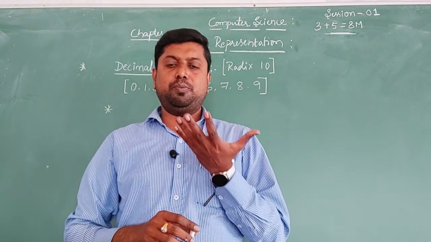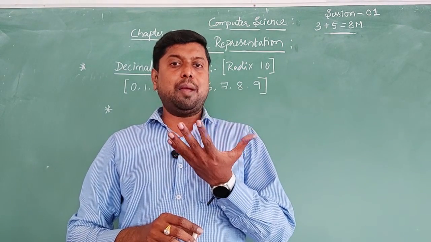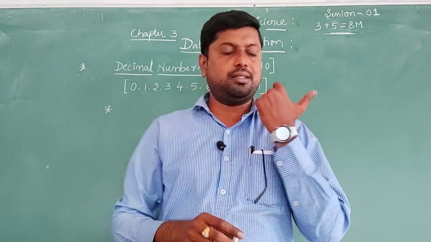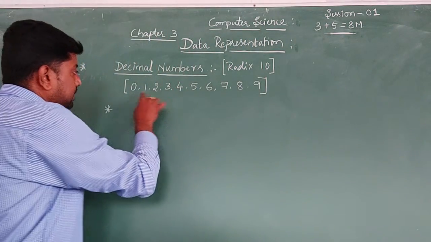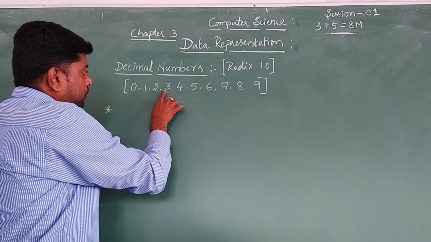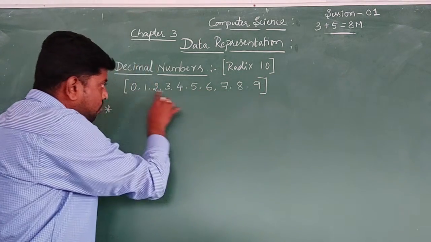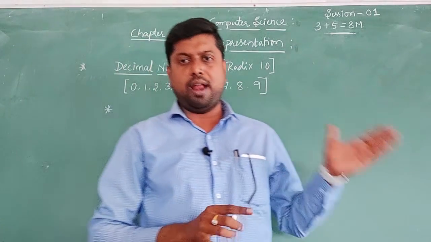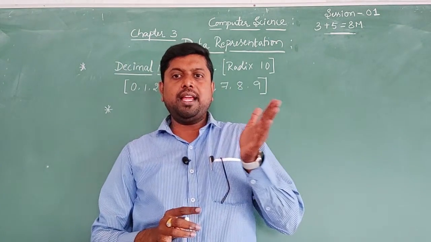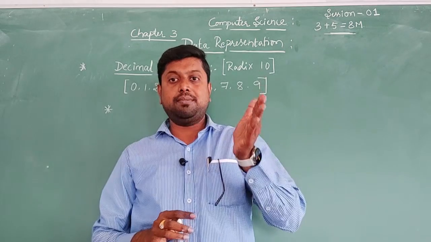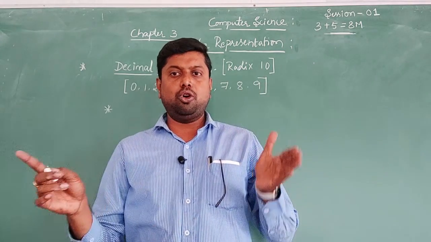The numbers in the decimal numbering system are 0, 1, 2, 3, 4, 5, 6, 7, 8 and 9. Count all the numbers from 0 to 9: you get maximum 10 digit values.